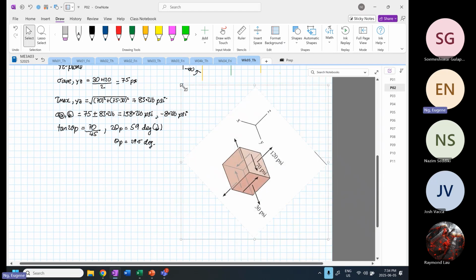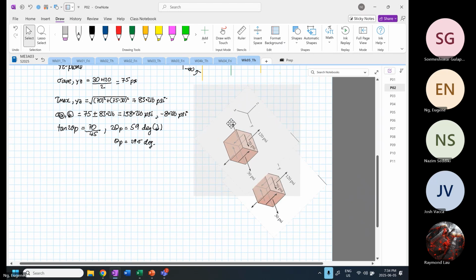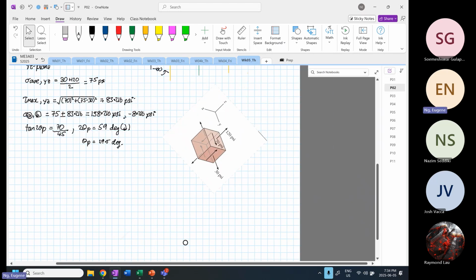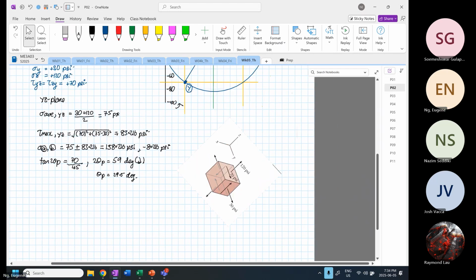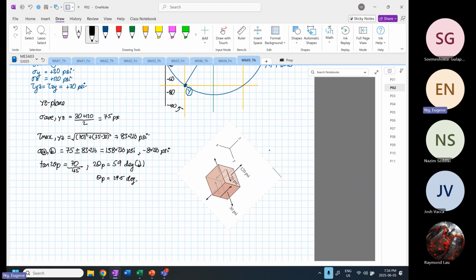So for this case, we rotate. So this is the theta p, which is equal to 29.5, and we rotate in the clockwise direction. So that's where the original is here, Z, we rotate clockwise. Okay. So when that's the case, let's say we wipe this out. Okay, there's no more shear, right?